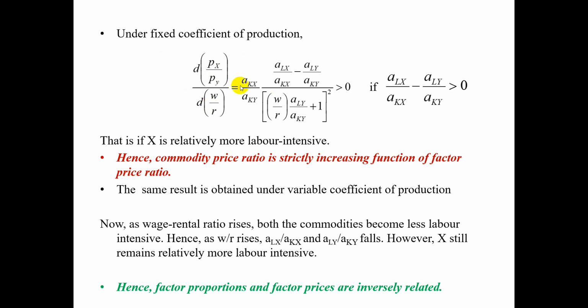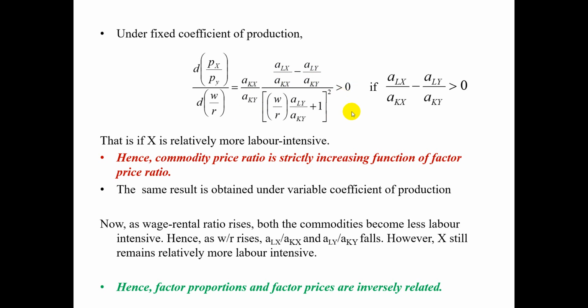So you take the derivative and we get the expression like this. Now, the denominator is positive because it's a square term. AKX by AKY is also positive, and this numerator term is positive because of our assumption that X is relatively more labor intensive.